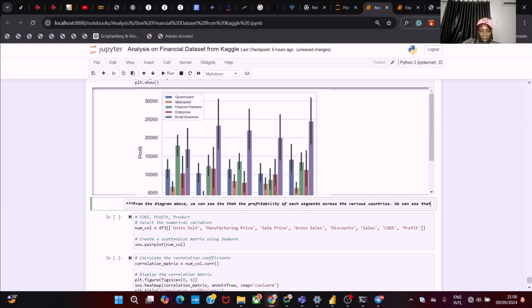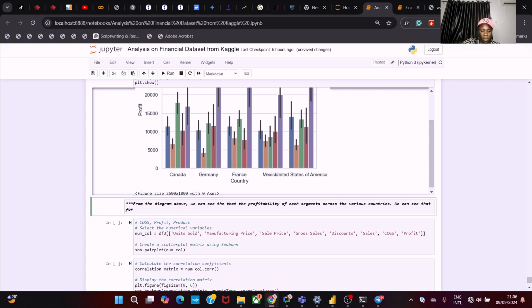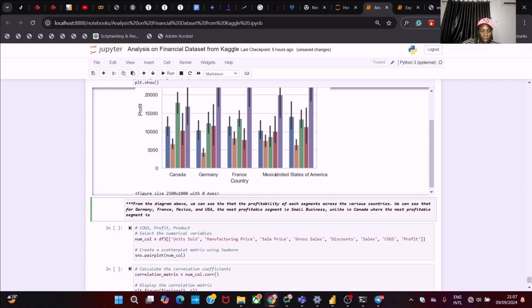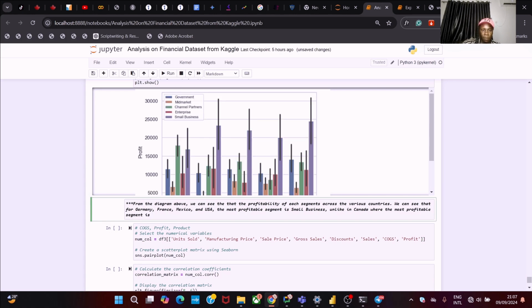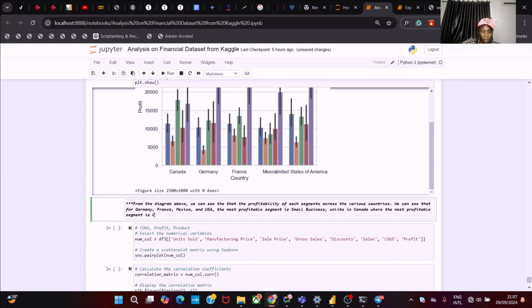We can see that for Germany, France, Mexico, and USA, the most profitable is small business, unlike in Canada, where the most profitable segment is channel partners.